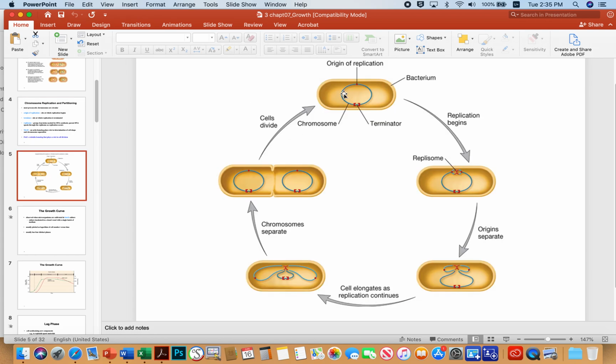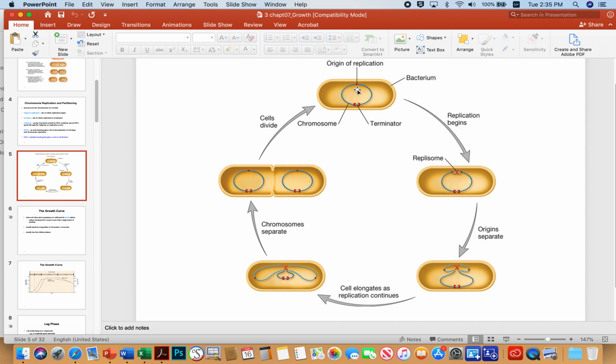The process looks something like this when you see the things together. Here's a cell early in the growth phase that starts to elongate. You see the two replication forks at the origin of replication.